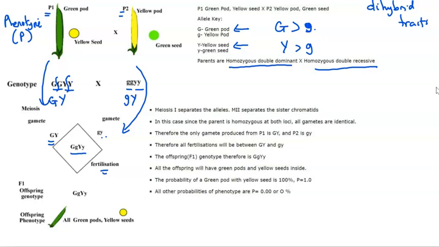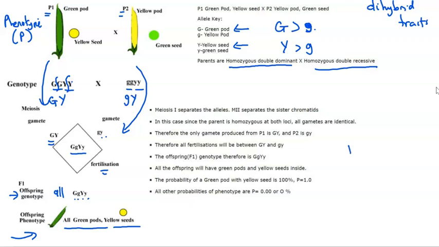This is the fertilization. And so we can then write down the next section, which is our offspring genotype, which is big G, little g, big Y, little y. And we note that all of the offspring would be of that genotype. And then let's turn that to finish off into the actual phenotypes, which would make the offspring all green pods and all yellow seeds.